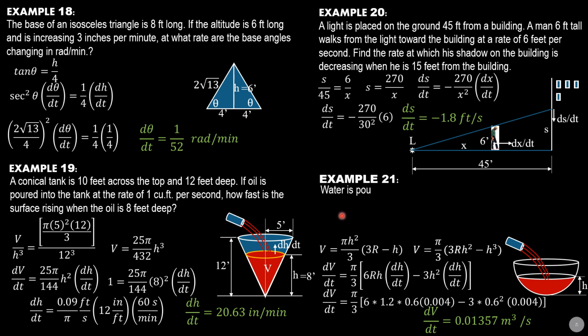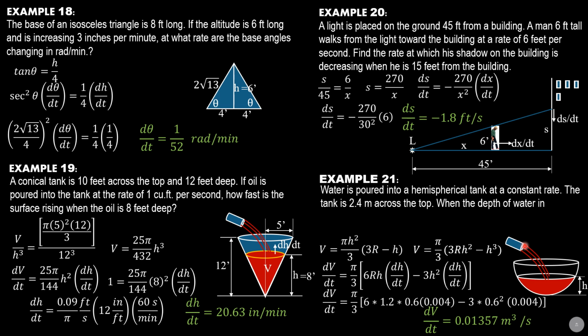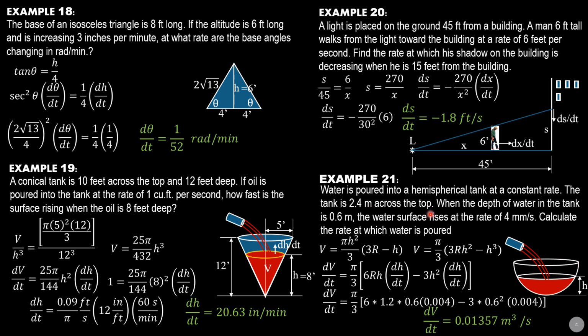Example 21, this is the last problem. Water is poured into a hemispherical tank at a constant rate. So dV/dt, that's the unknown. The tank is 2.4 meters across the top, meaning to say the radius big R is 1.2, half of 2.4 meters.